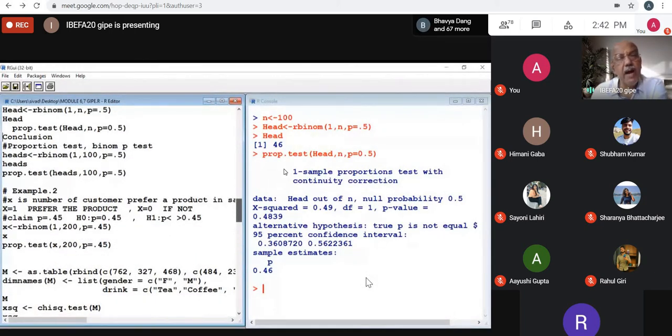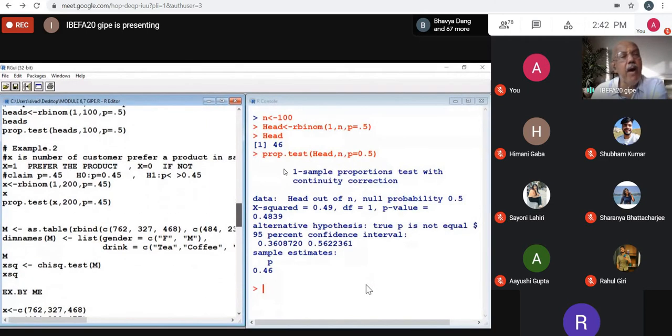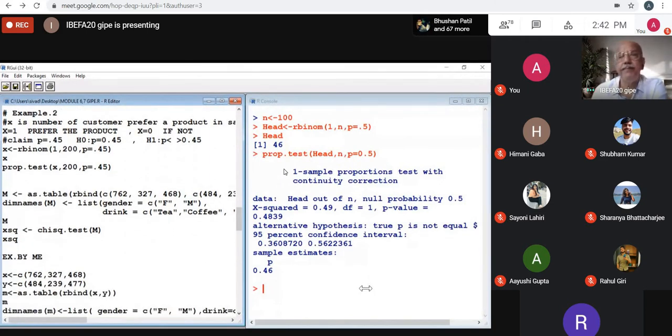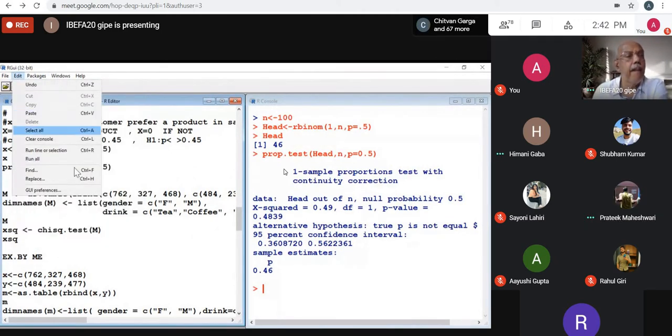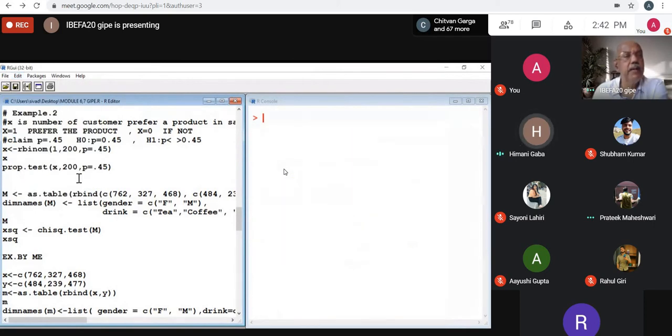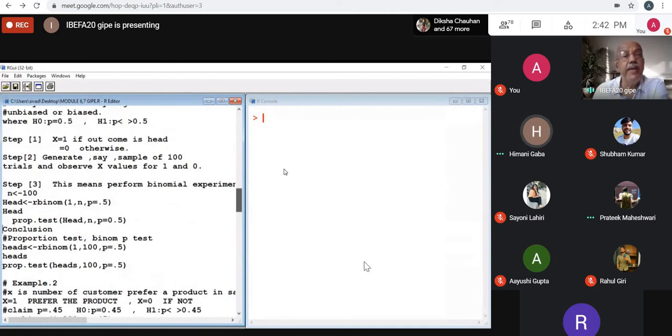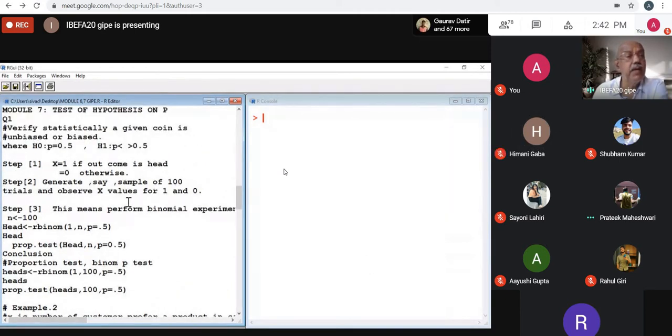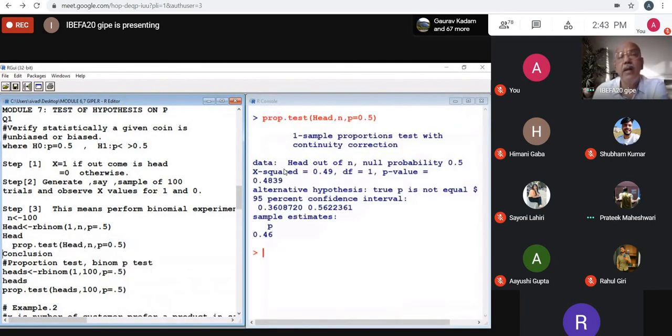Same coin example, I can speak about a real example. Sir, here the p-value is less than, no? So shouldn't the p-value be greater than? Check immediately.